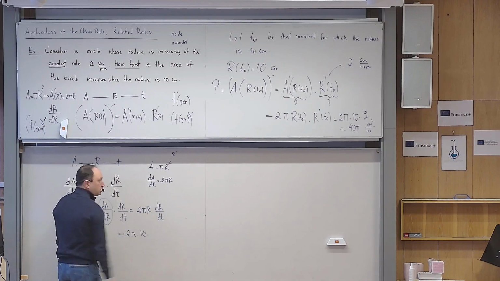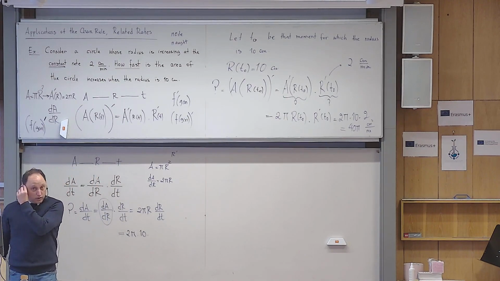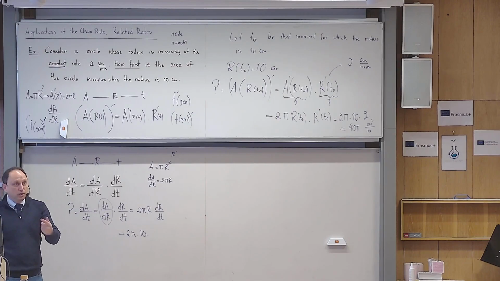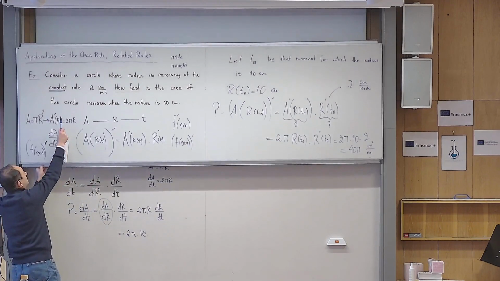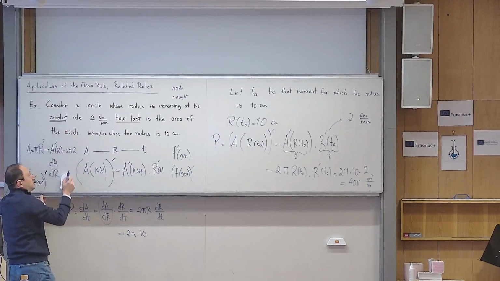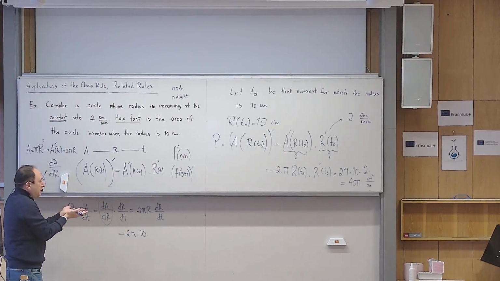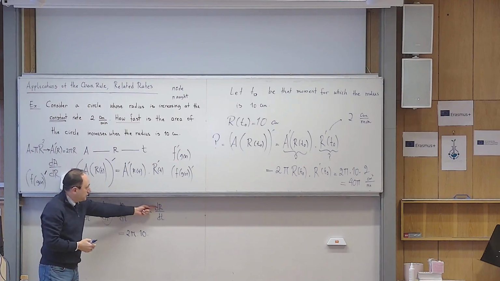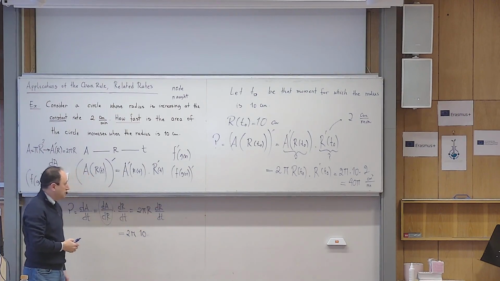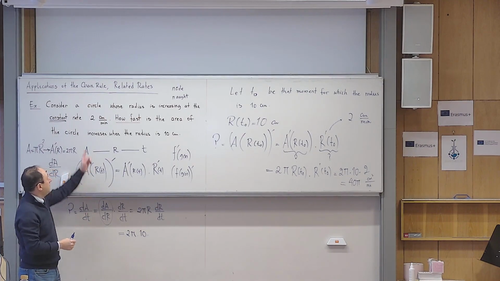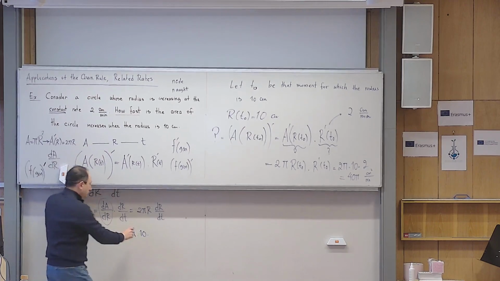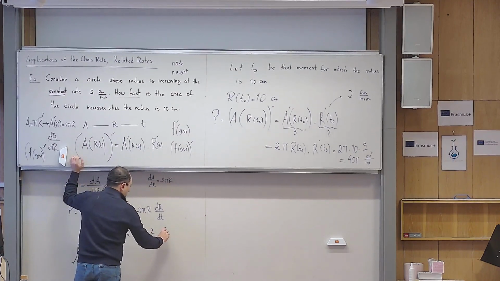And then what is dr/dt? dr/dt is the rate at which the radius is changing. But because of the phrase constant, it is independent of when I am looking at it. The rate at which the radius is changing over time is always the constant value 2. So I put 2 there, and then I write the units.